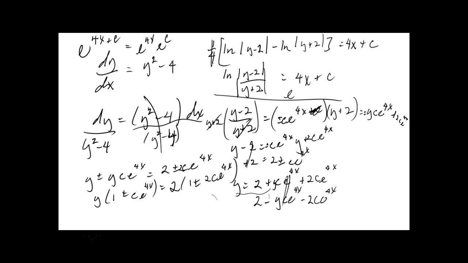Okay. Now, divide both sides by this, 1 plus or minus ce to the 4x. Okay, and that's how they get to, and I was pretty sloppy with this.